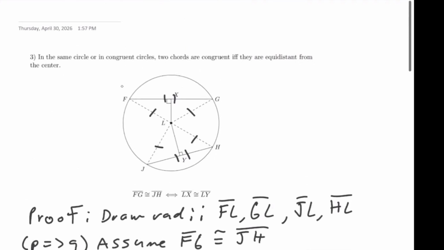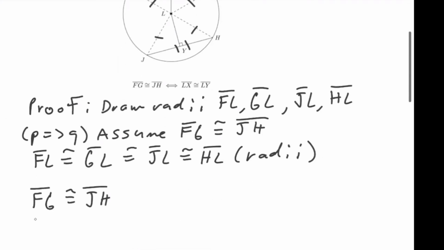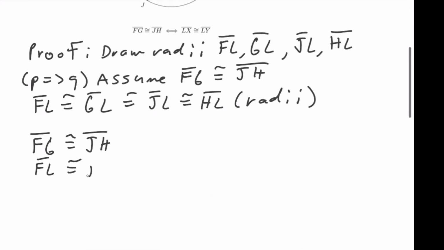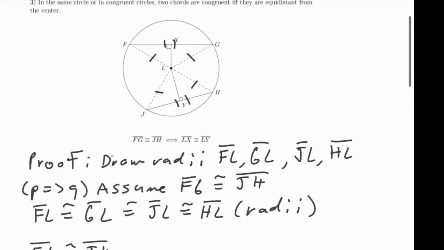So I have FG is congruent to JH. I have FL is congruent to JL. And lastly, I have GL is congruent to HL.